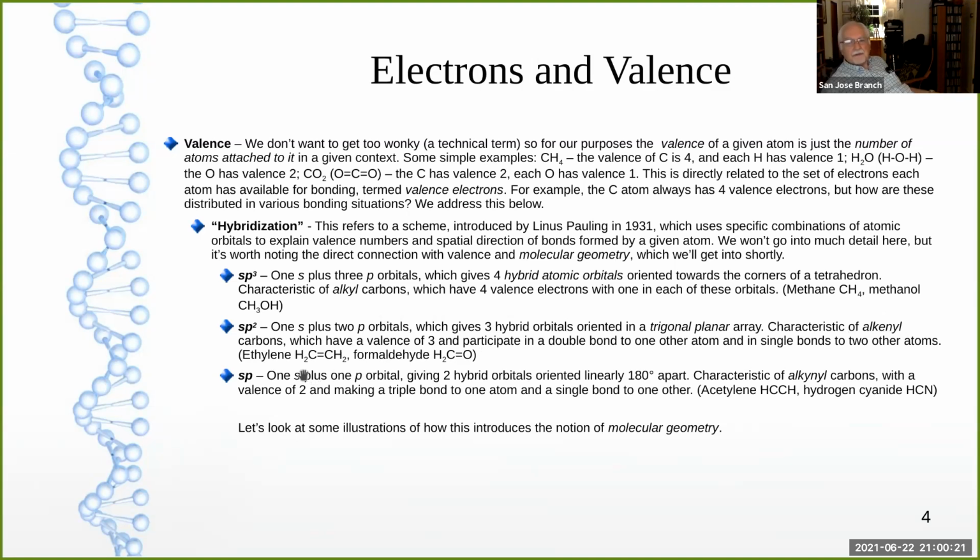So more organic chemistry terminology, but like ethylene, propylene, the hydrocarbons are called alkenes, and they have sp2 hybridization in them. And then the sp type is the alkynyl carbon. So like acetylene is an alkyne. And that's a whole class of organic compounds as well. And they have the triple bond, and the hybridization that goes with the triple bond is sp.